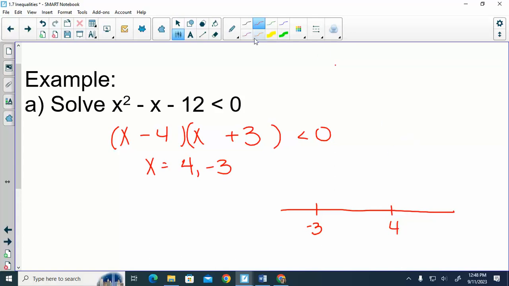Then before those points, so if I were going to graph it, it hits right here. It was either above or below the axis before we got to negative 3, right? So we have to decide. You can just use what you know about quadratics. Now we haven't really talked about the graph of a quadratic in here yet.